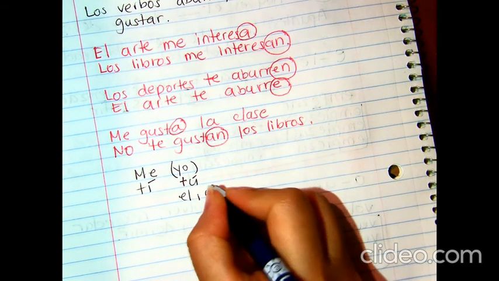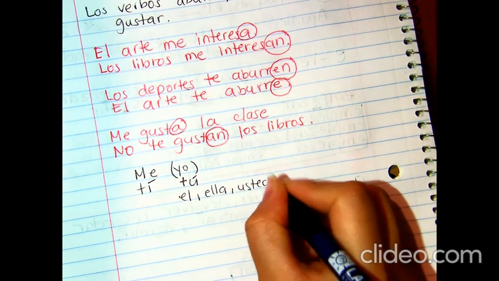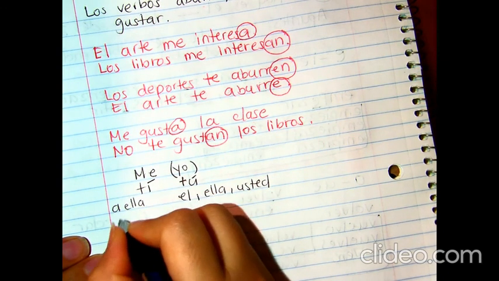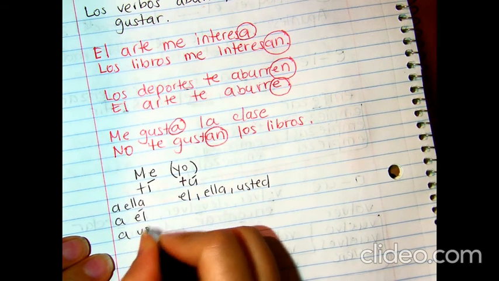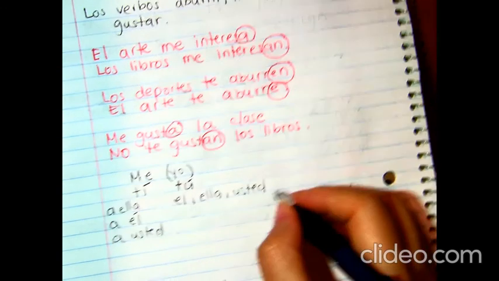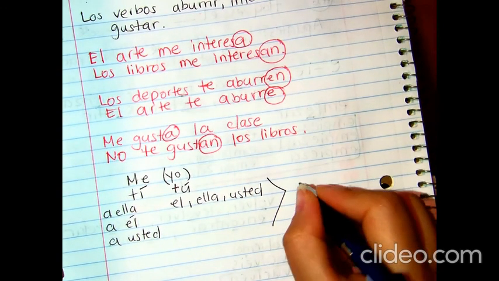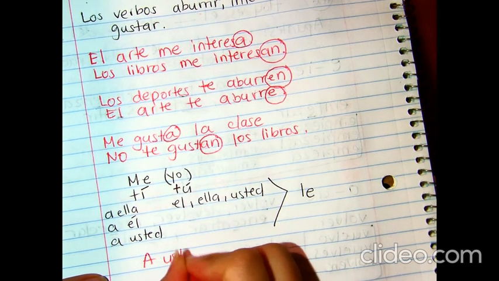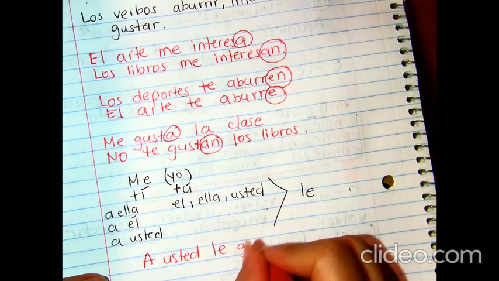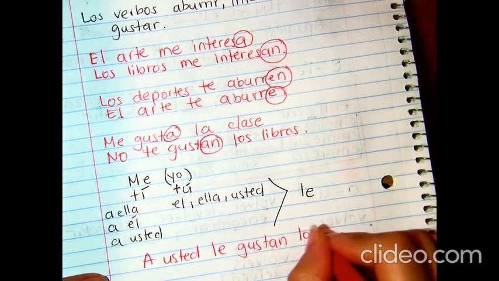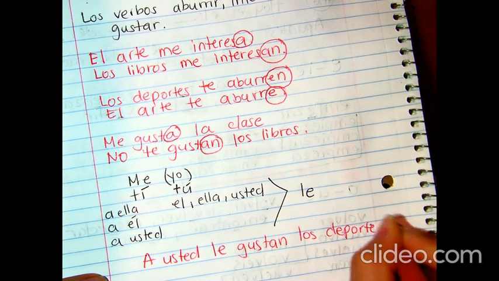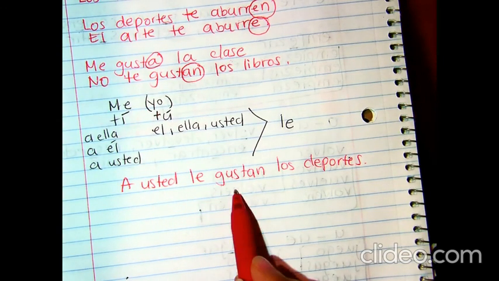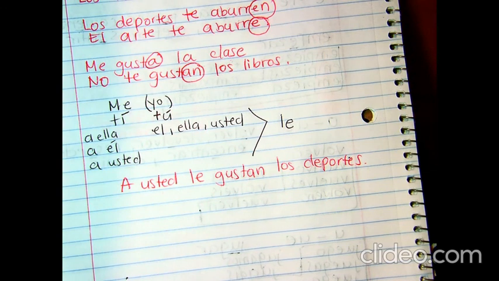Él, ella, usted, you say a ella o a él, a usted, right? And you use le, right? So I'm going to give you an example. A usted le gustan los deportes. Okay?